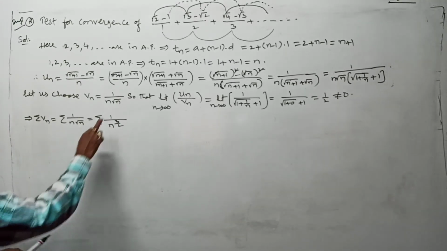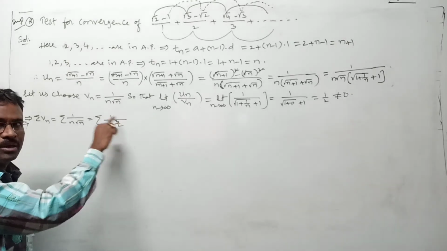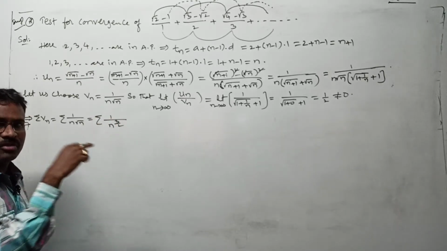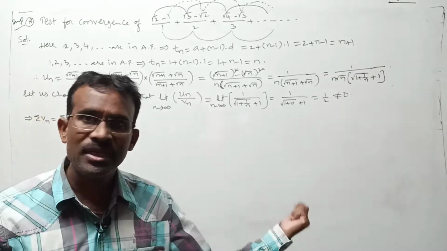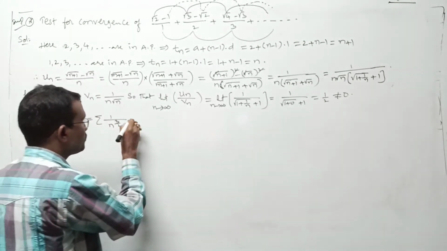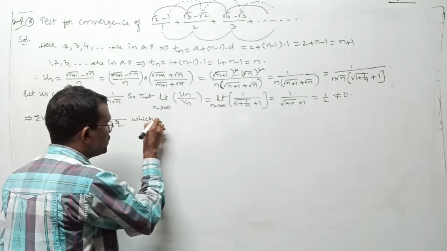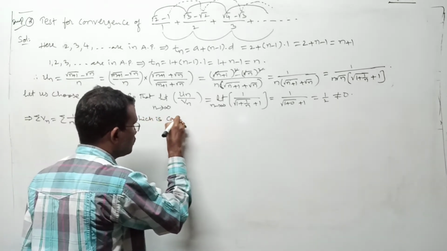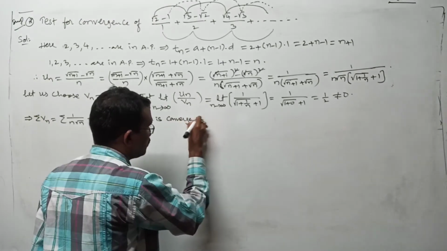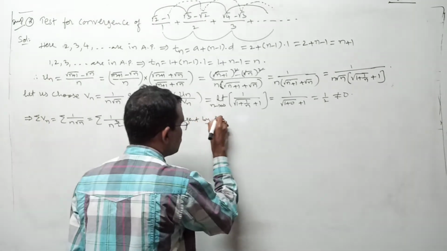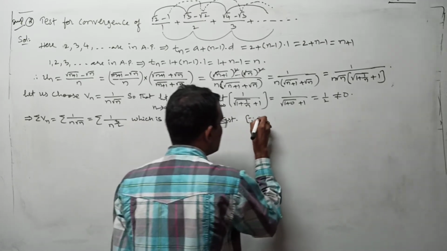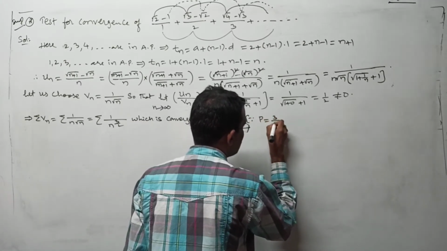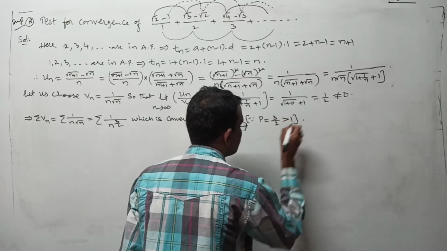Now here we got sigma 1 by n power p form. By p test, if p is greater than 1 it is convergent. P is 3 by 2 which is greater than 1. By p test you say it is what? Convergent. Which is convergent by p test, since p is equal to 3 by 2, it is greater than 1.